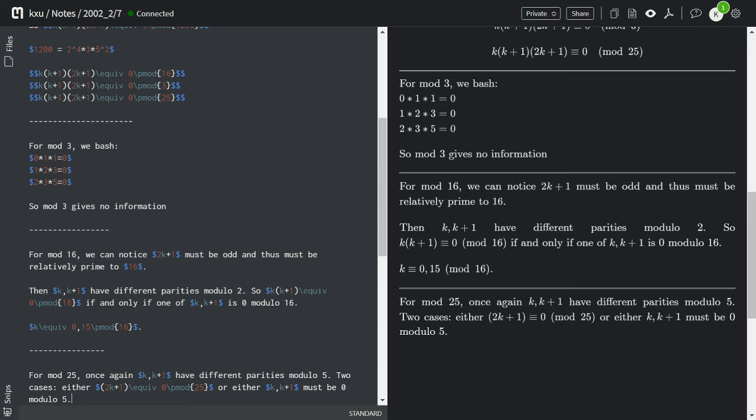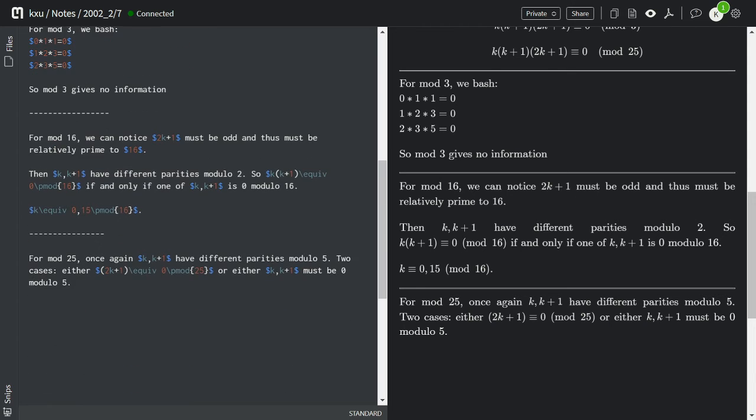So either 2k plus 1 is 0 modulo 25, or it's not 0 modulo 25, which doesn't mean it cannot be a multiple of 5. So in the first case, we have k is equivalent to 12 mod 25, and this is fairly simple to work out.